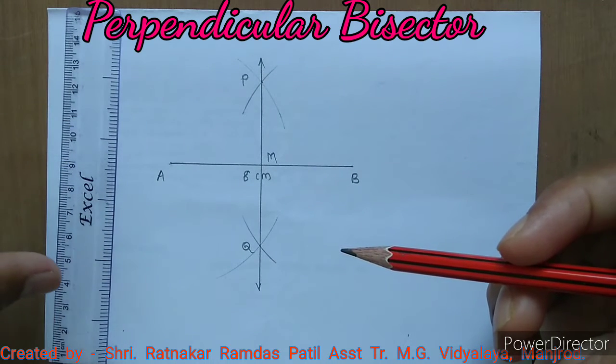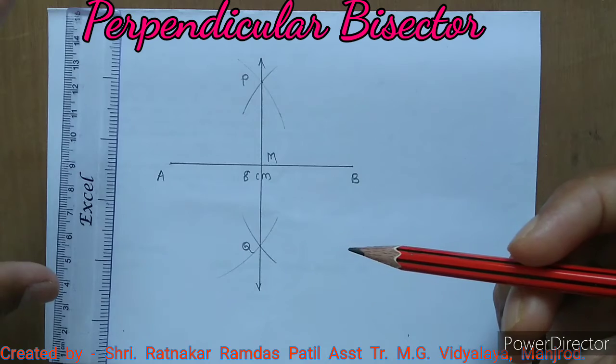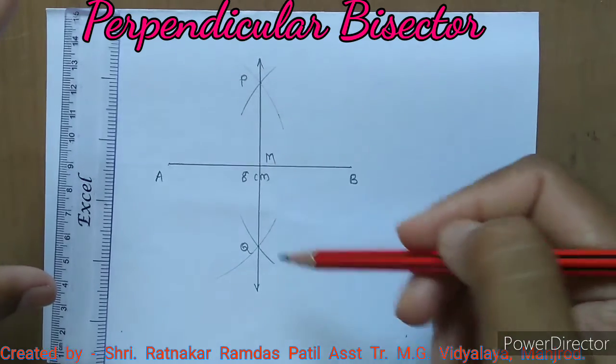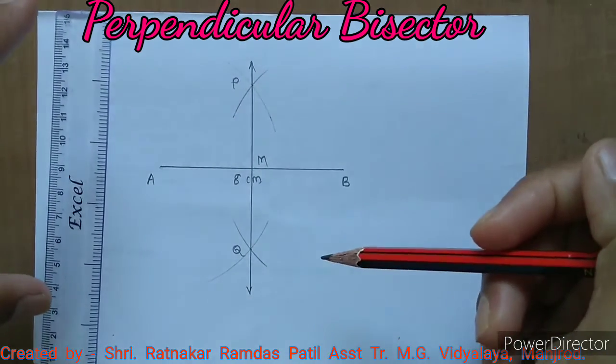Now how will you verify that line PQ is the perpendicular bisector of segment AB?